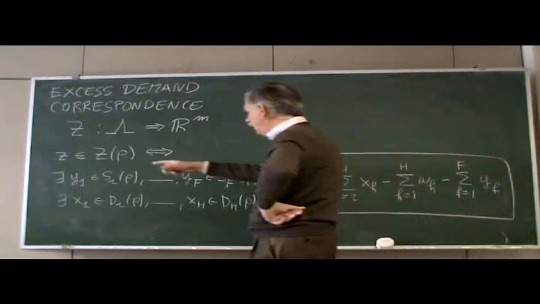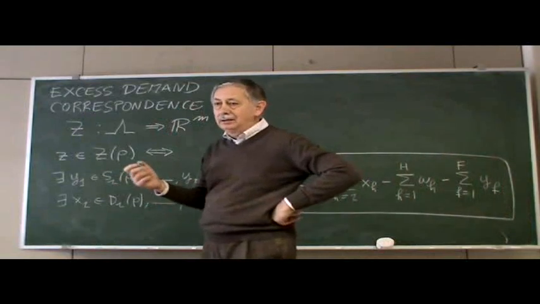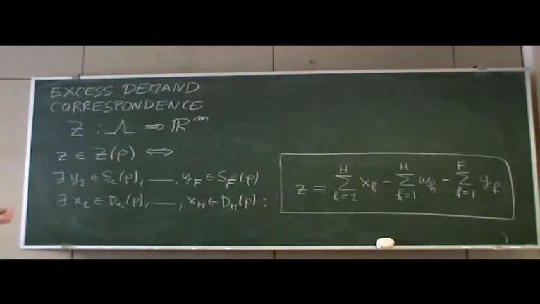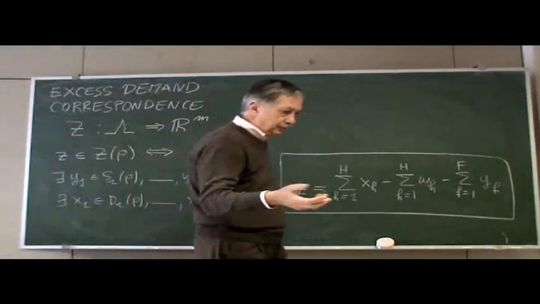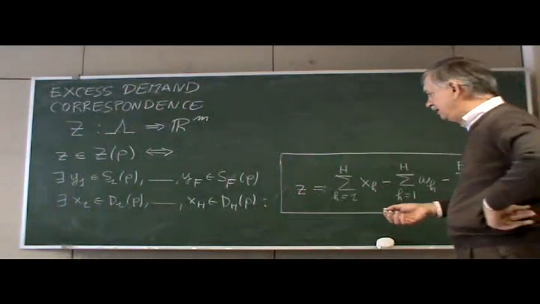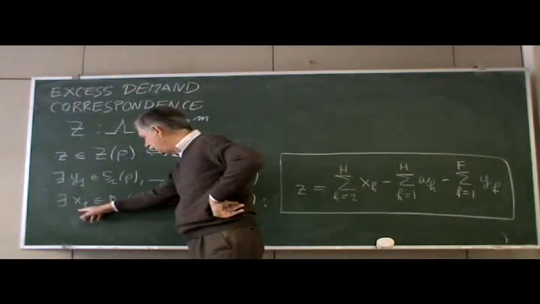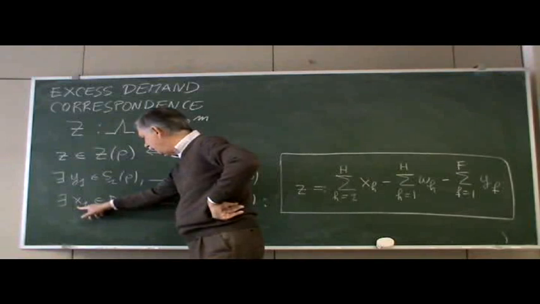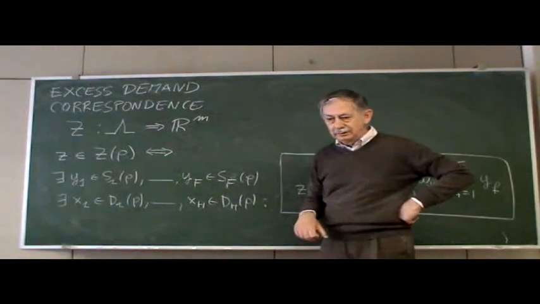And y1, y2, etc., yF are optimal processes for the corresponding firms. Now, it is possible to compute the wealth of every consumer, and suppose that every consumer chooses this optimal bundle, x1, x2, xH.